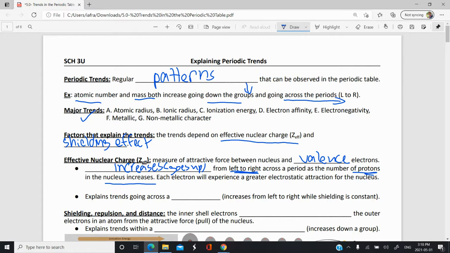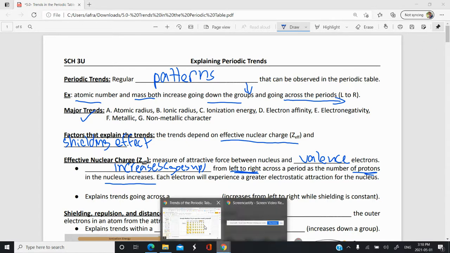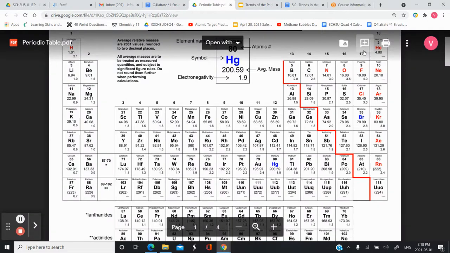For example, there's more protons in fluorine compared to lithium. So that's why the electrons in the valence shell of fluorine will experience a greater pull than the electrons in the valence shell of lithium. And they have the same number of shells, so there's no greater shielding effect between fluorine and lithium.